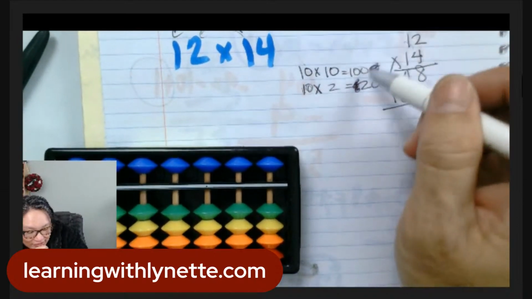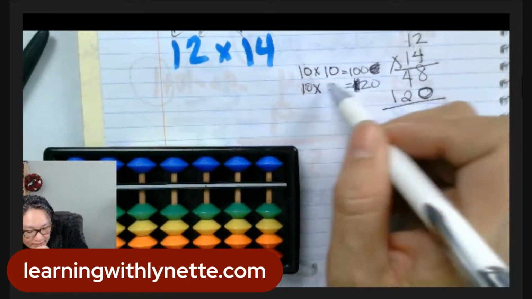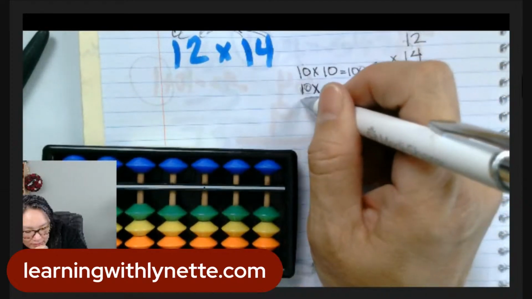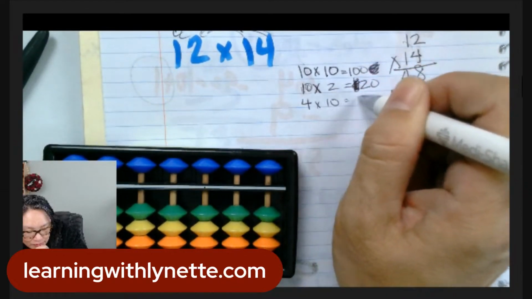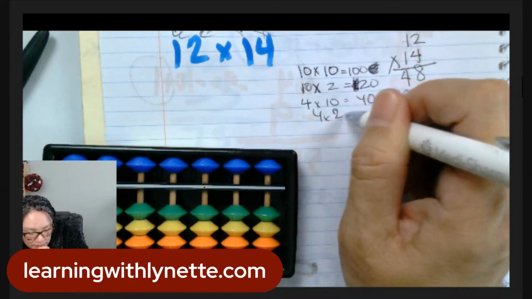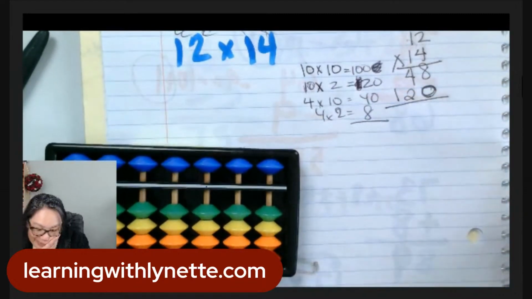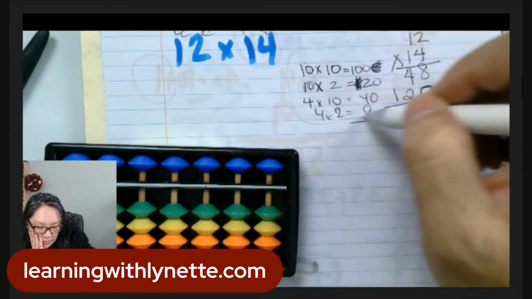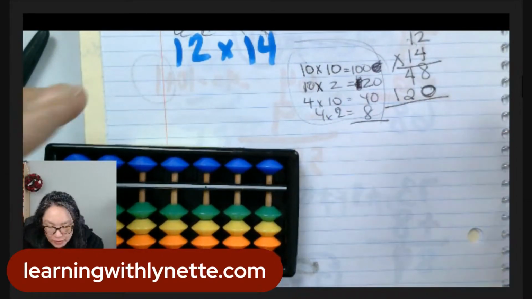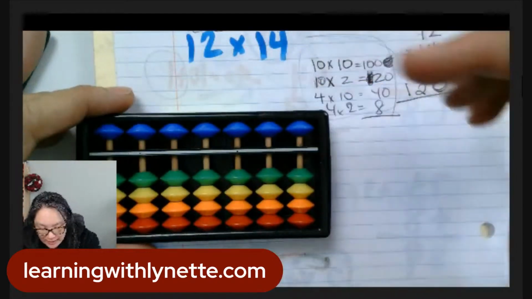Okay, so we did this, right? And then we got to do this. 4 times 10 is equal to 40. And then 4 times 2 is equal to 8. This is what we're doing in new math. But we don't need to do it in new math. Why? Because we do it in abacus.